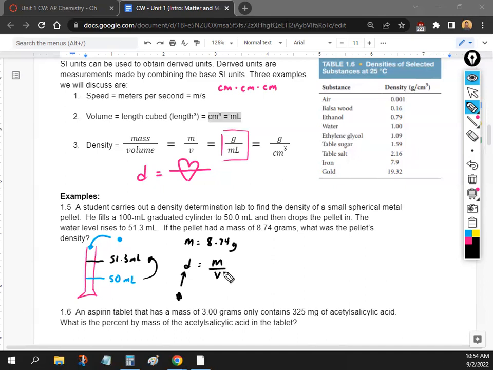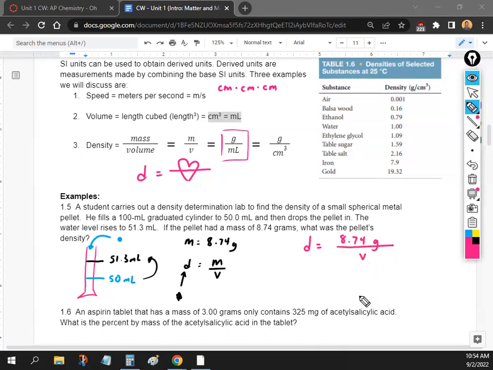Which one of these two values do we already have automatically off the bat? Yeah, we got mass. Good. Mass is 8.74. So we can start setting up our equation right away. So density is 8.74 grams divided by whatever the volume is.